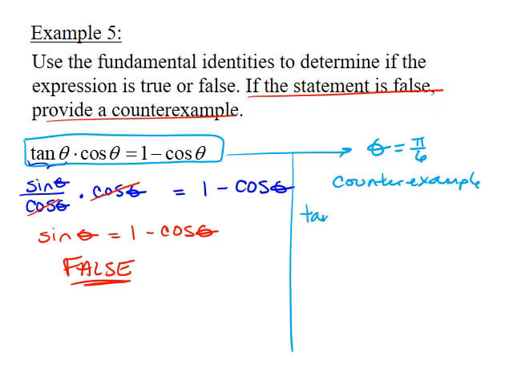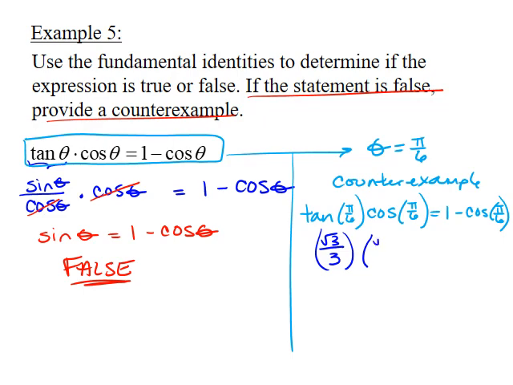So tangent of pi over 6 times cosine of pi over 6 is equal to 1 minus cosine of pi over 6. Okay, well, tangent of pi over 6 is root 3 over 3. Cosine of pi over 6 is root 3 over 2, is equal to 1 minus root 3 over 2.